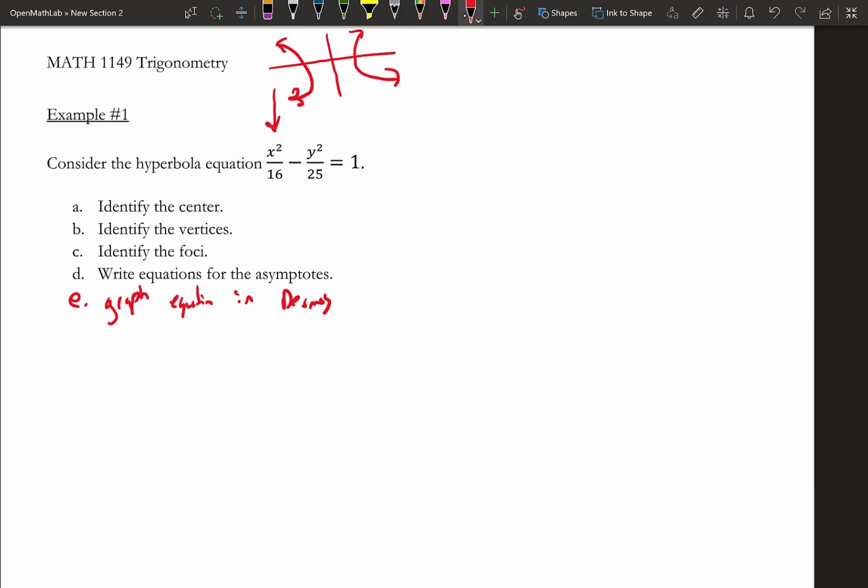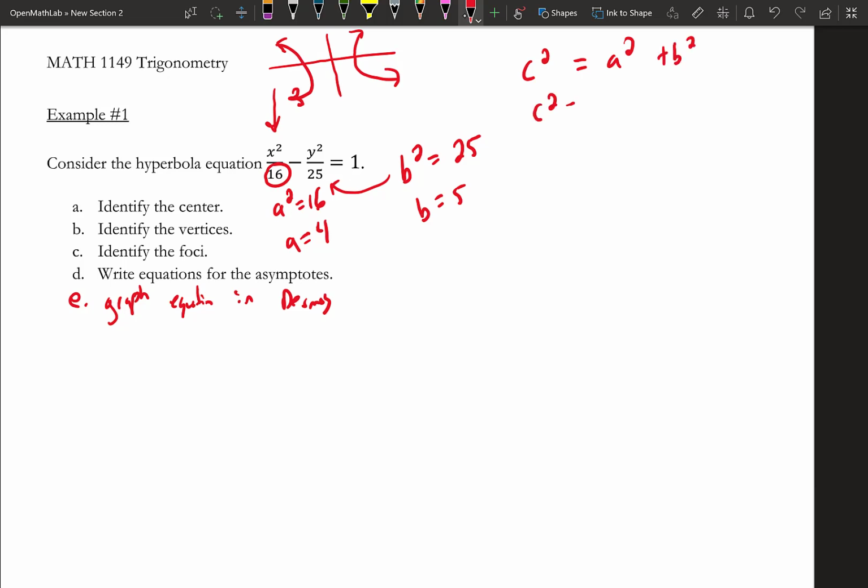And also, that tells me that this value is a squared, right? So that means that a would be 4, right? Just the square root of 16. And then what's left is this value would mean that b squared is equal to 25. So that tells me that b is 5, right? So the relationship between a, b, and c is c squared equals a squared plus b squared.